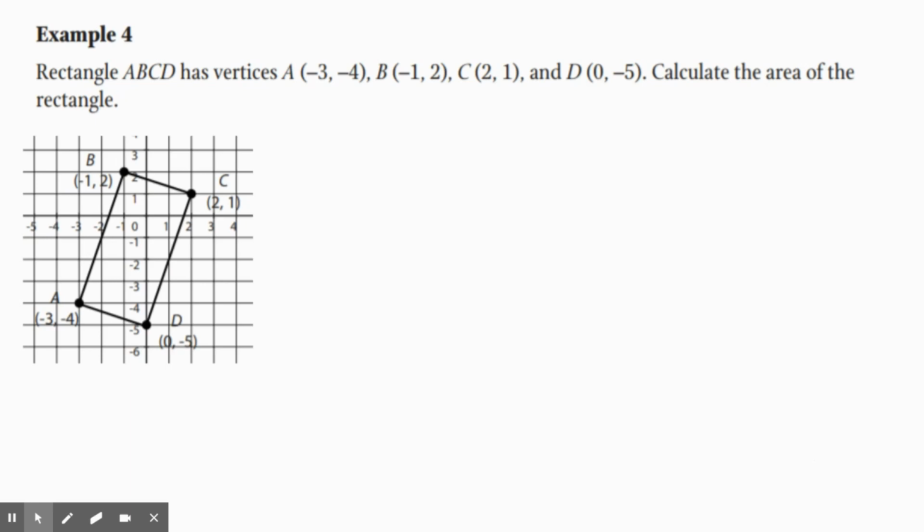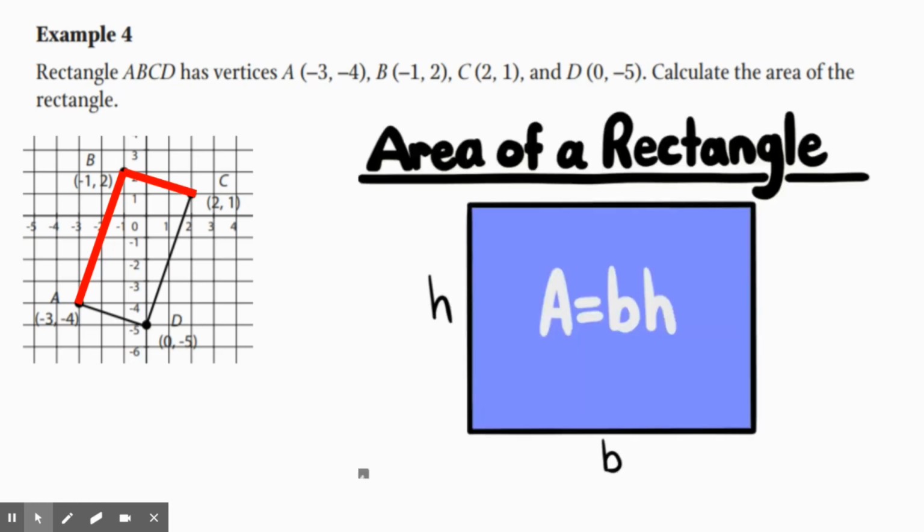And remember, a rectangle is base times height. So we just need to find the distance of the base, find the distance of the height, and multiply those together because it's already given to us that this is a rectangle. The problem with the triangle is we didn't necessarily know it was a right triangle, so you can't use that formula. So we're going to find the distance of AB and then BC, and multiply them together.